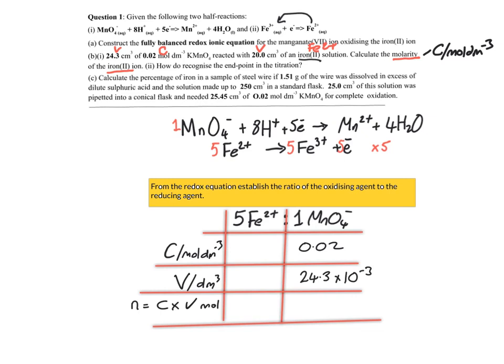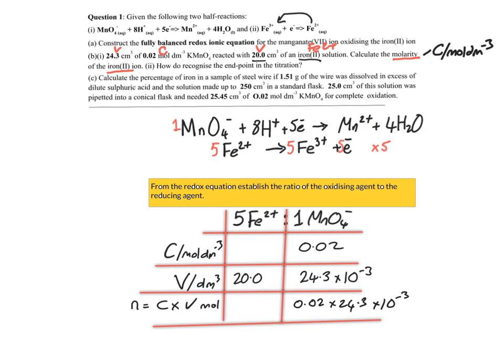We've also been given the volume of the iron 2 solution, which is 20 centimetres cubed. With that information, we've got 2 out of 3, and therefore we can now work out the amount. Don't forget to tell the examiner what you've done there. The amount is number of moles, which is the concentration times the volume. So that's 0.02 times 24.3 times 10 to the minus 3.